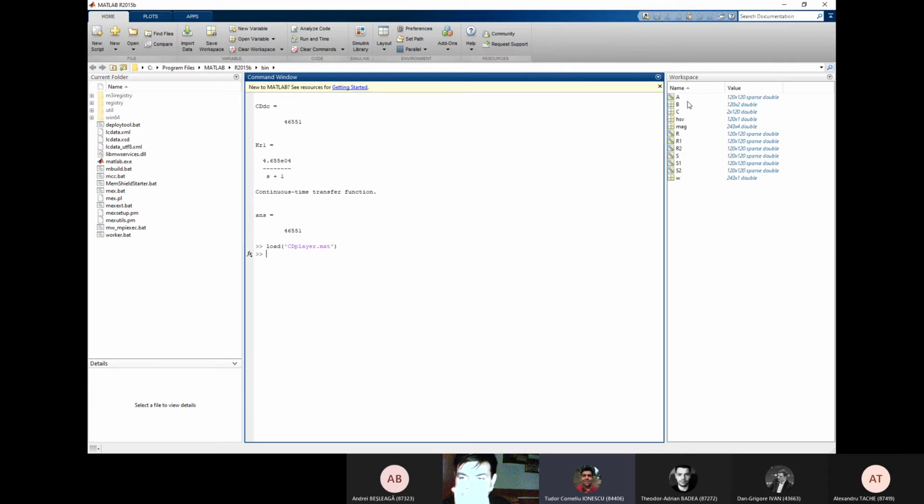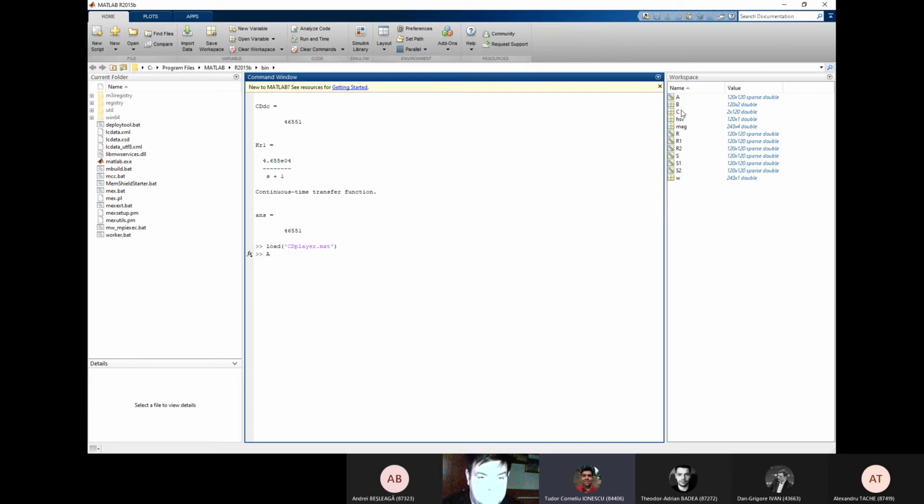So I loaded the mat. As you can see in the workspace, you've got the matrices A, B, C. They represent the matrices of the differential equations, and other data about Hankel singular values, we'll see what those mean. So the model is given by the three equations: x dot is Ax plus Bu, y is Cx, and the matrices A, B, C are yielded by the CD player mat.